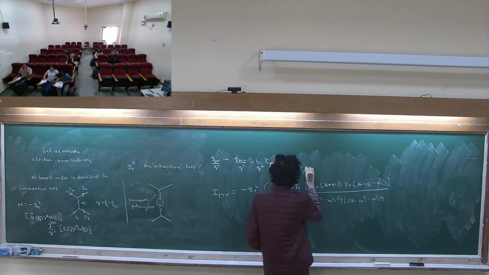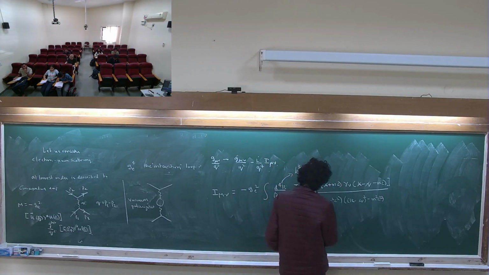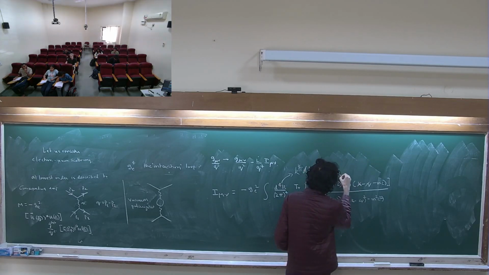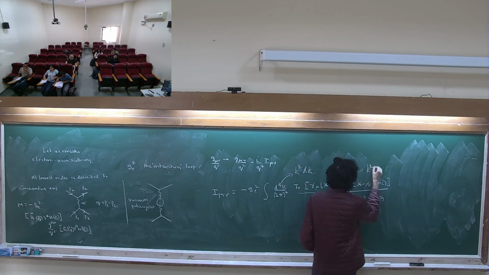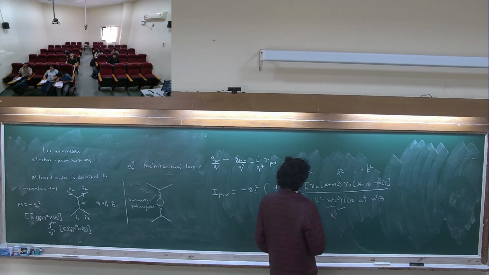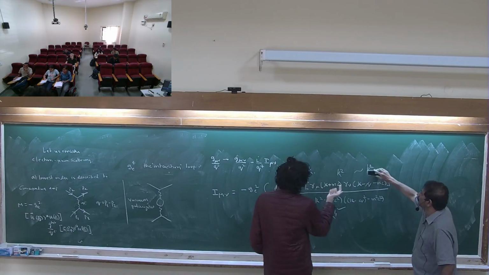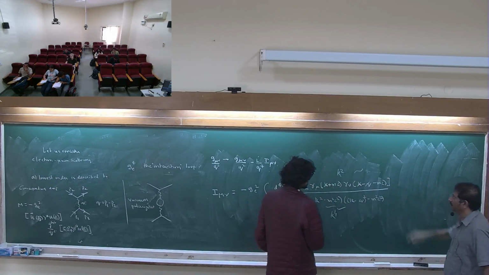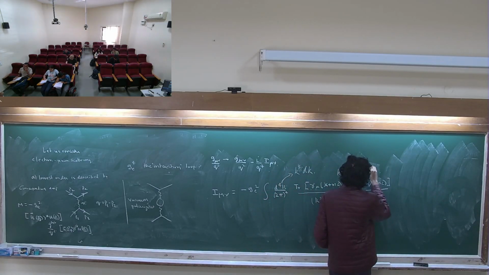So the total one is k to the 5. No. So it goes as k dk, right? But write it properly. Write it as k dk.